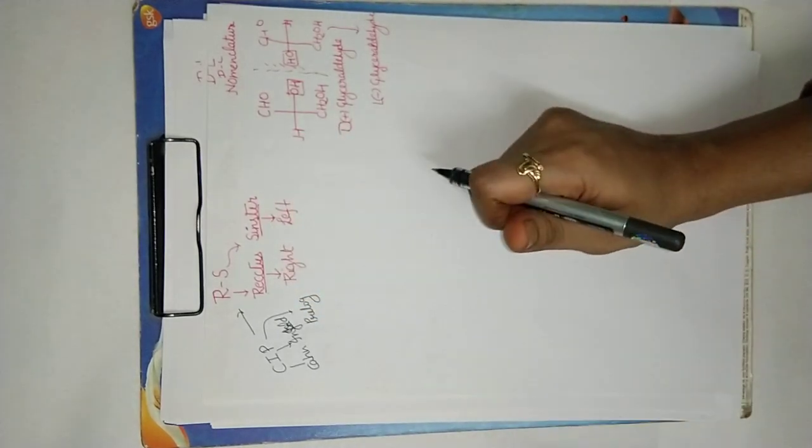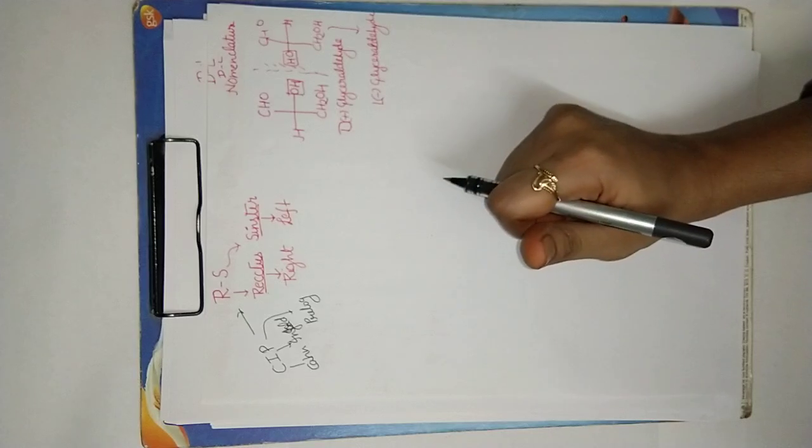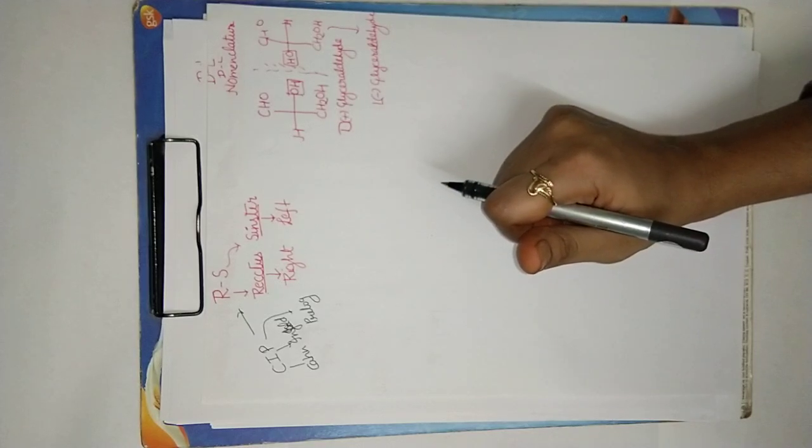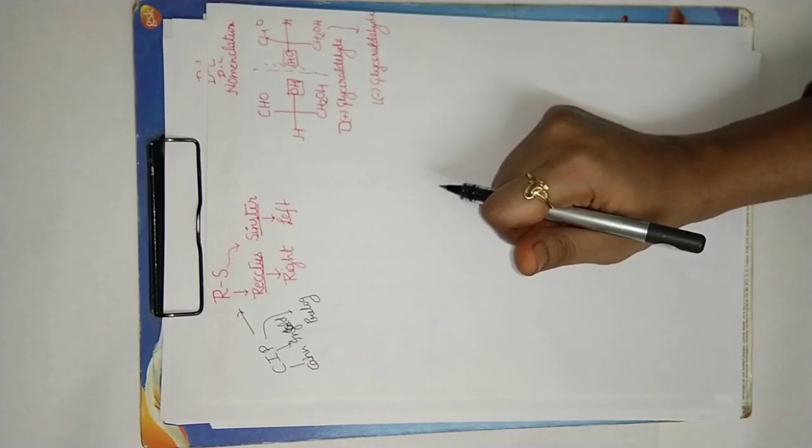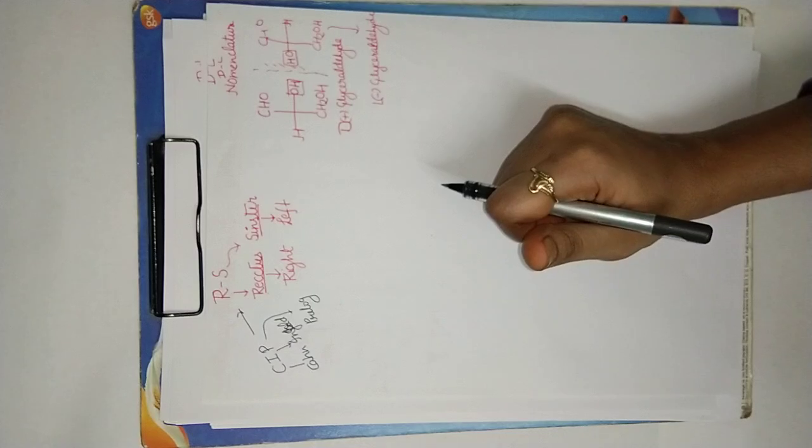This is the RS Cahn Ingold Prelog system, or simply the RS system. The designation of the absolute stereochemistry of any optically active compound according to the system involves the following steps.